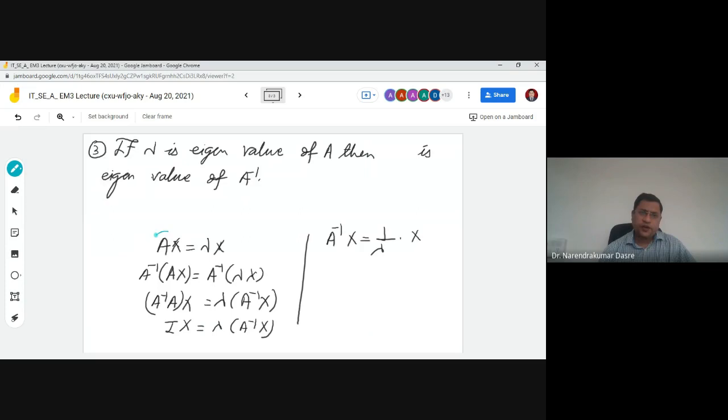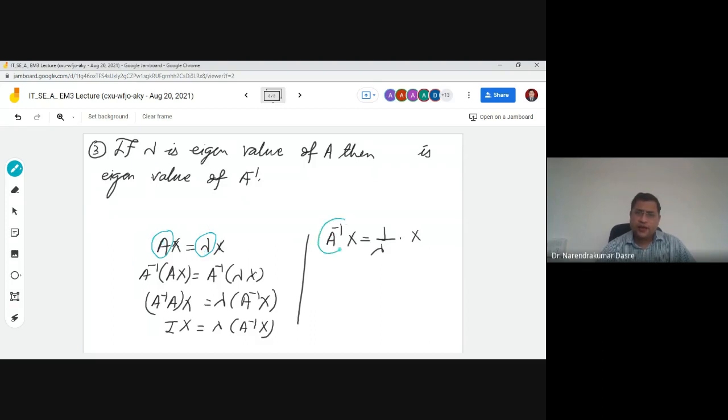Now if x is the eigenvector, then lambda is the eigenvalue. If any vector is operated on by the matrix and it generates a scalar multiple of that vector, then this scalar is called the eigenvalue of the given matrix.